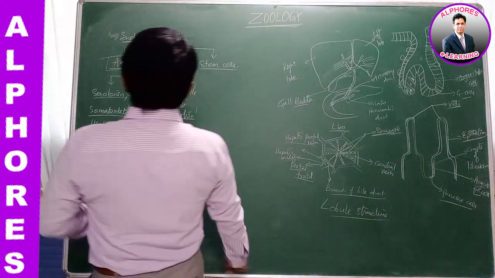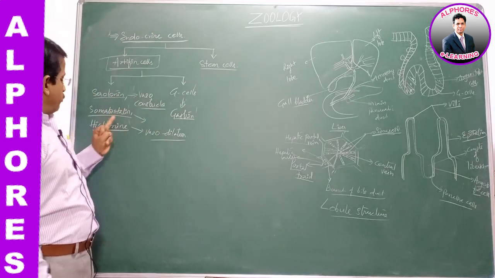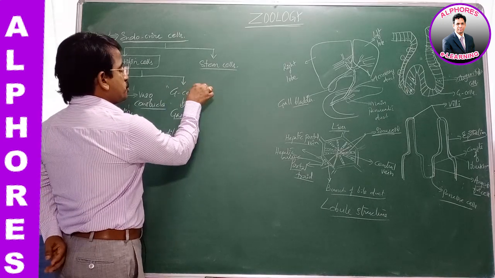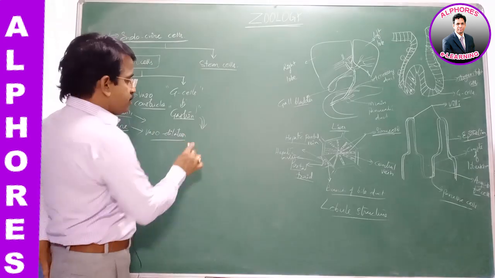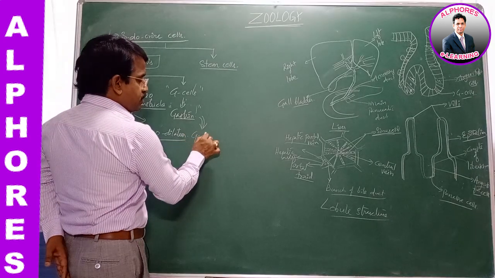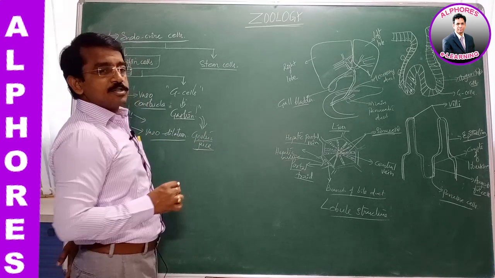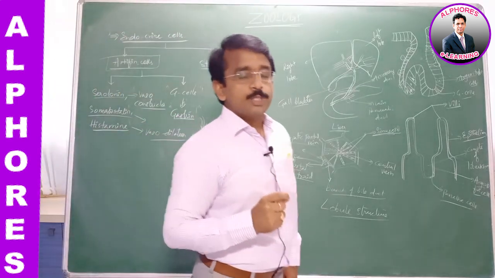Serotonin is a vasoconstrictor, histamine a vasodilator, and the G cell secretes gastrin. Gastrin in turn stimulates the secretion of the gastric juice. Gastrin is secreted from the pyloric region of the stomach.